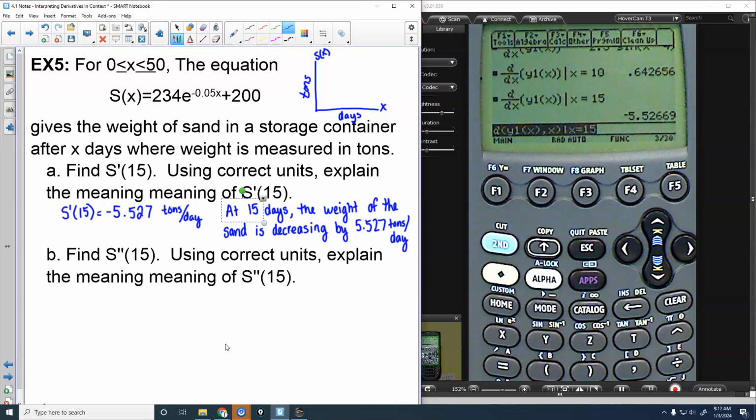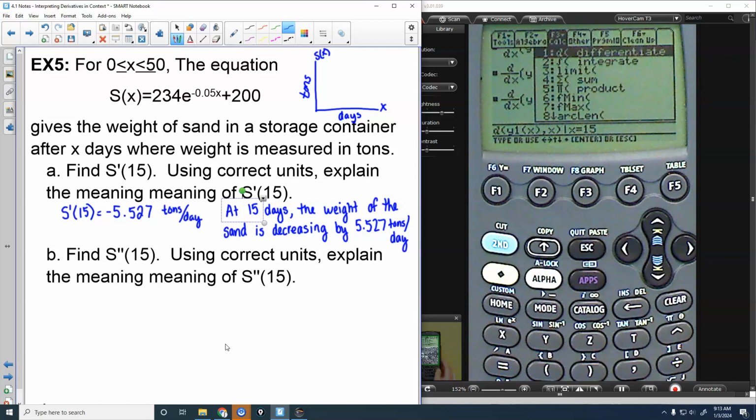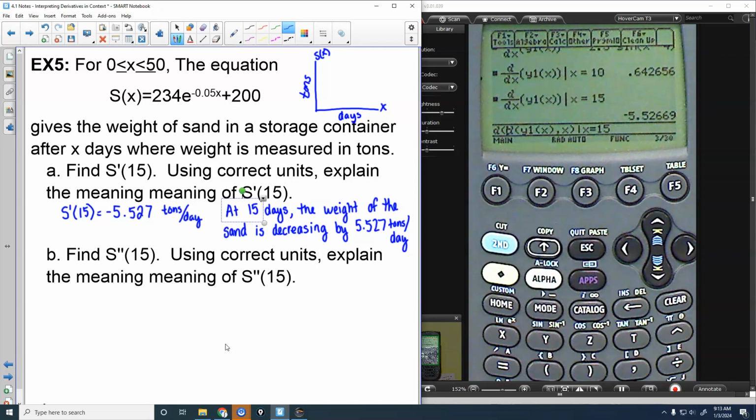Okay, second derivative. We need to find the derivative of the derivative, which I'm pretty sure we can do by doing this. That dy1 of x, comma x, that's all in the first line. So I'm going to go to the very front and do derivative again. So I've got the derivative of the derivative.